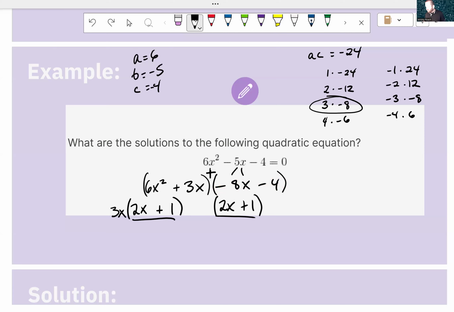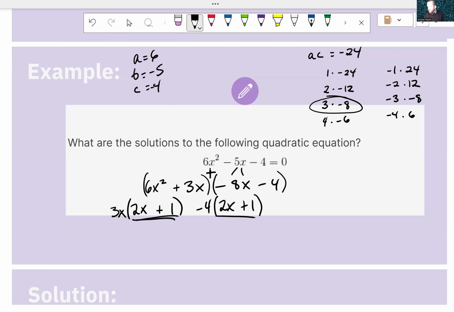So let's think about this for a moment. -8x is our goal. 2x times what is -8x? It's going to be -4. And we can check the second term as well, the -4. -4 times +1 gives us -4 if we were to multiply that out.